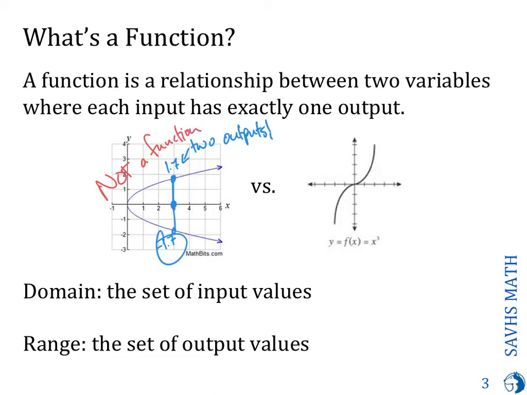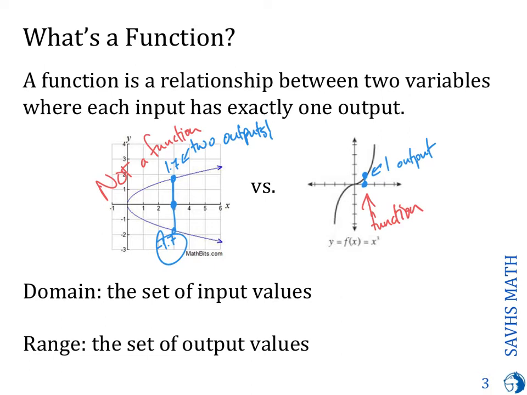Whereas if I compare that with this one, if I put in 1, then I get out only one output, which is 1. So there's one output here. So this is a function, but this is not a function. So there's a comparison here.